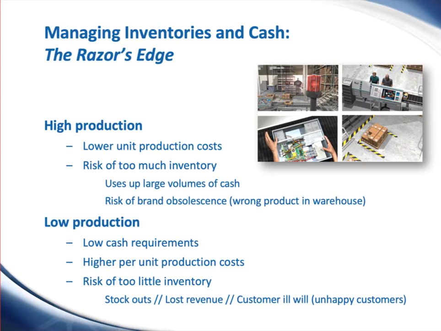Let's look at the opposite end. If we look at low production, you have low cash requirements because your inventory is usually less. Unfortunately, it means also that you have higher per unit production cost.